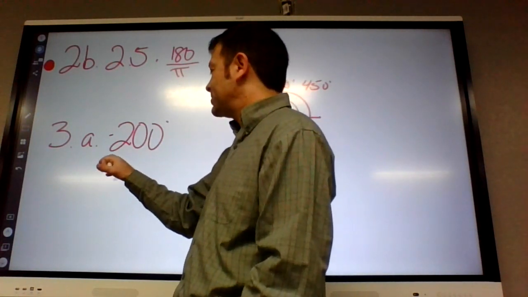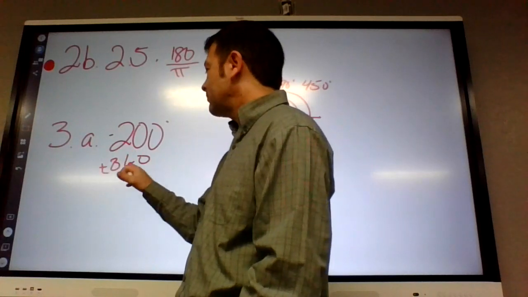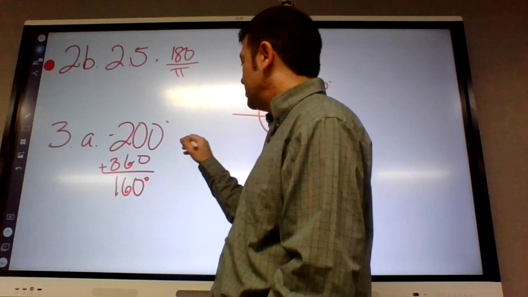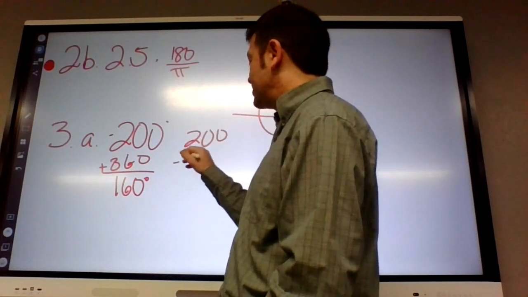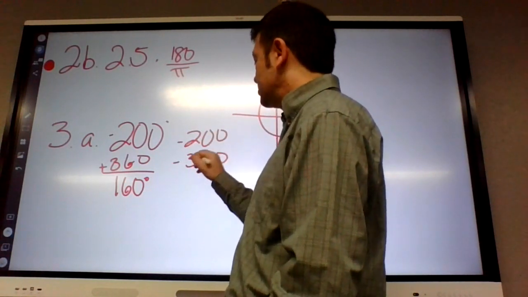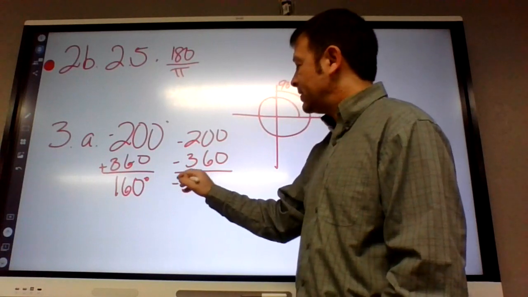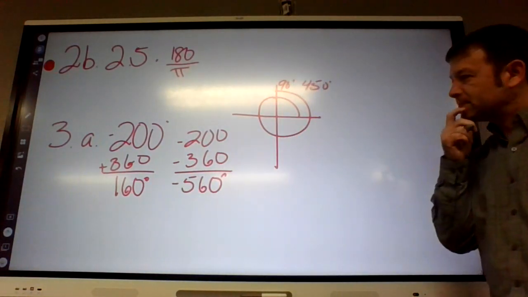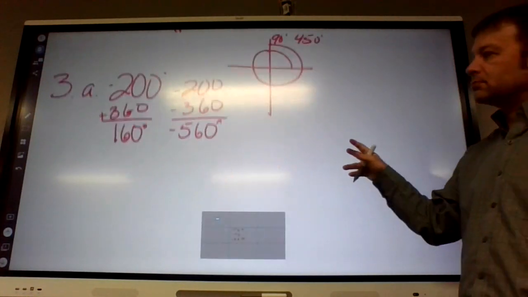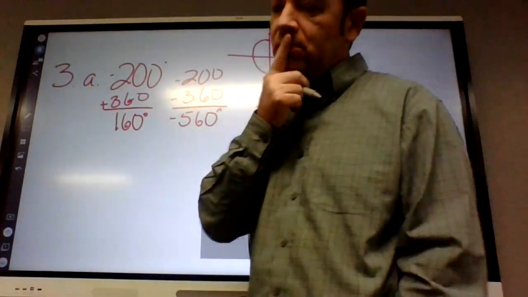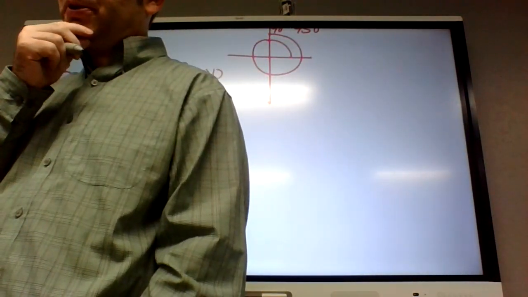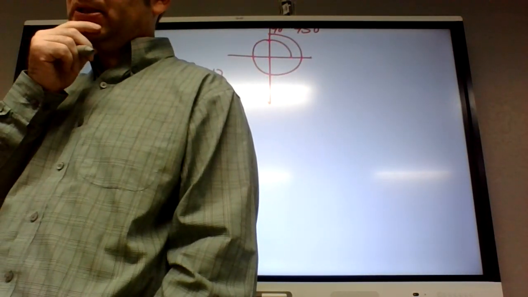So if we add 360, we get 160 for positive, and if we subtract 360, we get negative 560. What should we do differently on C and D?